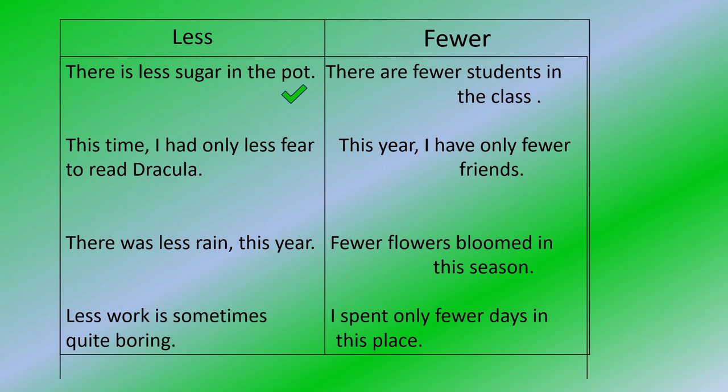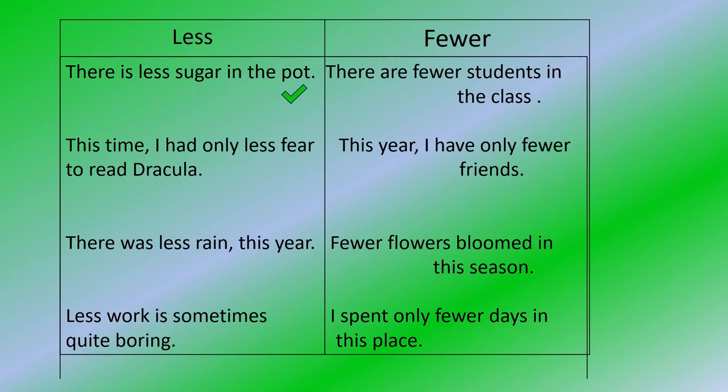As it has been consumed by the family members, the quantity of sugar might have been reduced by the time we speak this sentence. By the time we use this sentence, there is less sugar in the pot. So, though hiddenly, a comparison is going on between the past quantity of sugar in the pot and the present quantity of sugar in the pot.